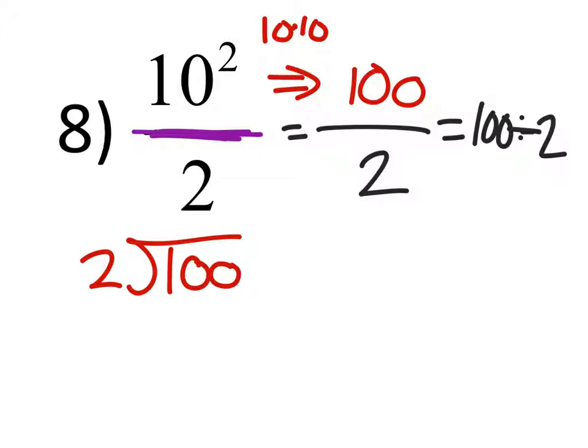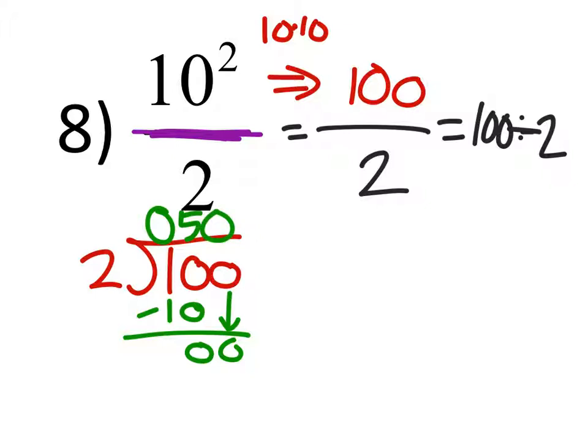And 2 does not go into 1, but it will go into 10 5 times. 5 times 2 is 10. We'll subtract that out. And we've got 0. Well, 2 won't go into 0, so 0. And that gives us 0 remaining. And so the answer to this one is 50. Sorry, that's a 0.